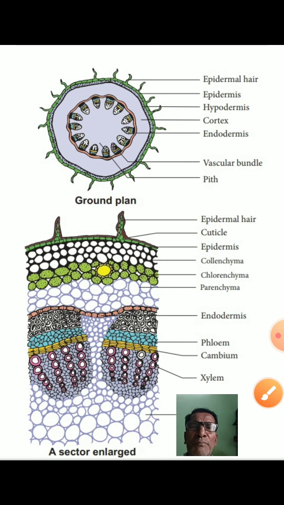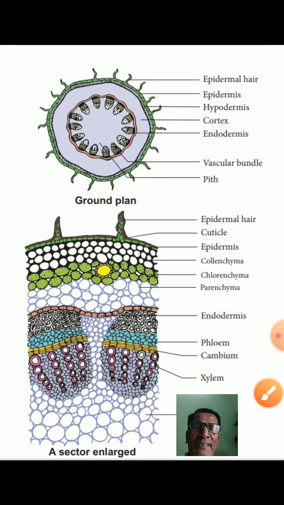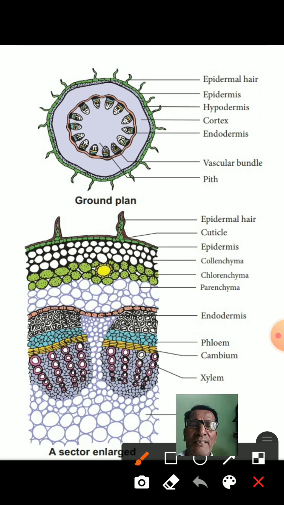The core part of the stem is called pith. For example, this is the pith. Around the pith, the vascular bundles are arranged in the form of a ring. And we have to visualize the vascular bundles of the sectors.